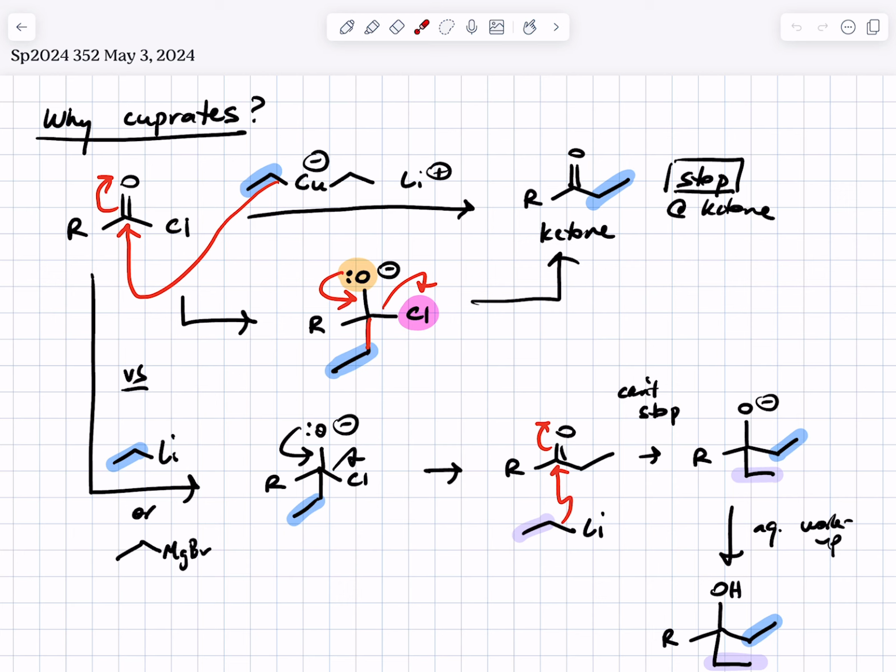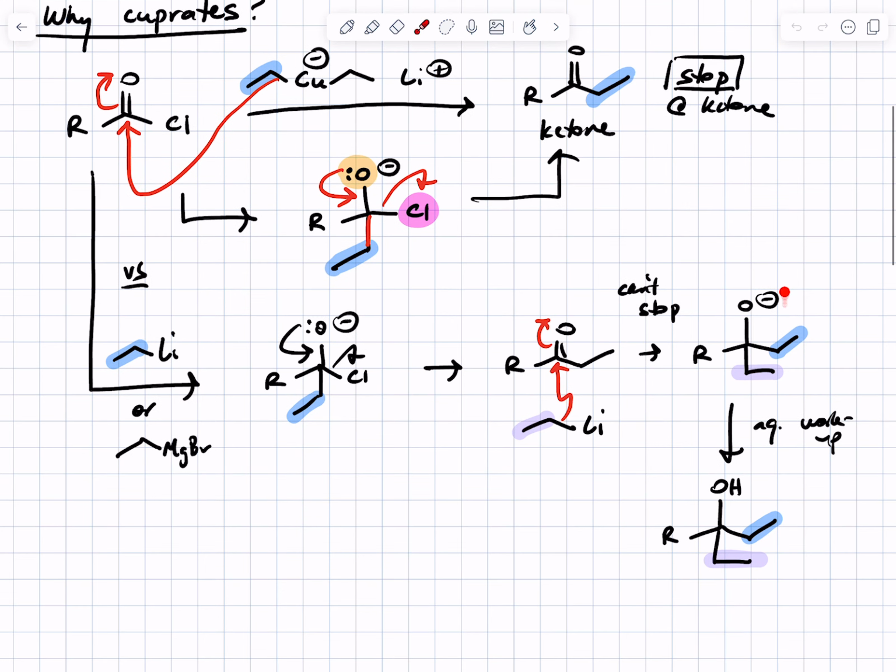A second equivalent adds, and then you get to a tetrahedral intermediate that has no leaving group on it. There you're stuck. And then upon aqueous workup, you protonate the negatively charged oxygen to get this tertiary alcohol.